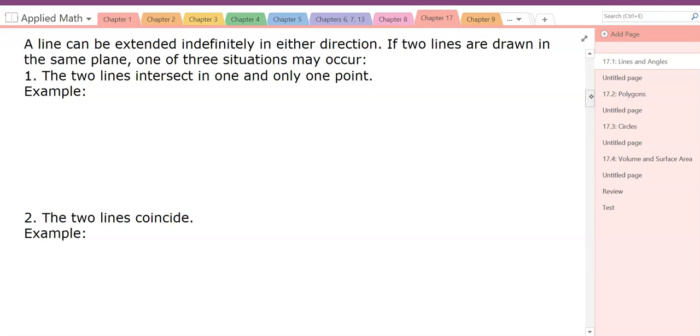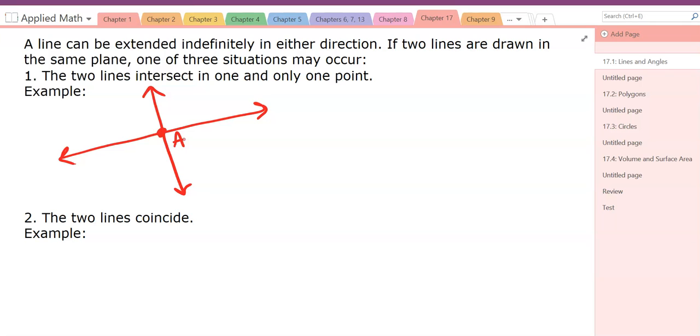The first one is that they intersect at one and only one point. So it looks something like this. Those are two separate lines. They cross here in the middle at that one point. That would mean that those two lines have one common solution. At the one point where they cross is that common point that they each have and share.